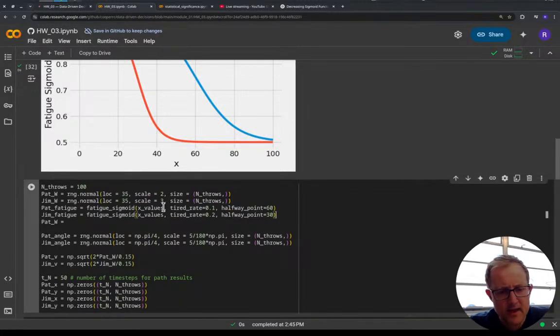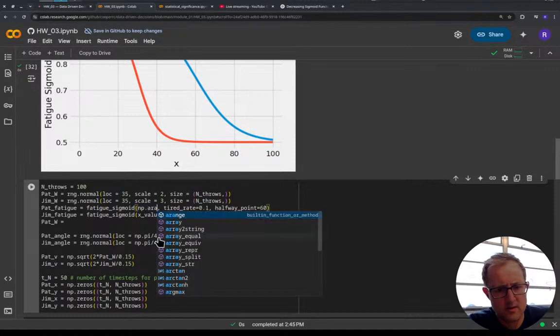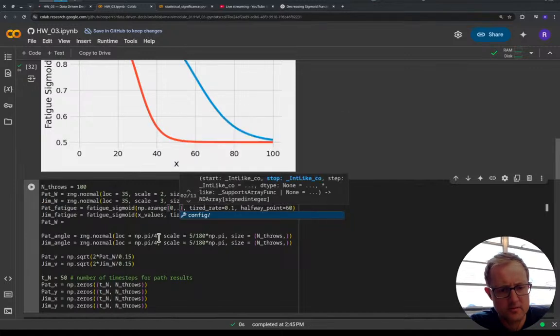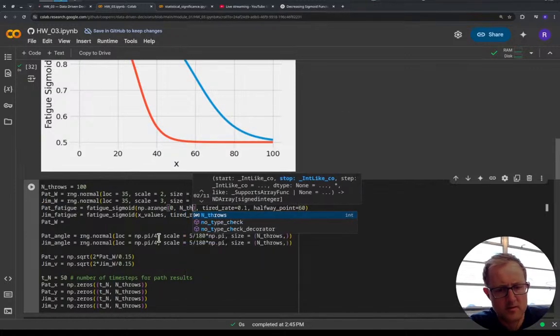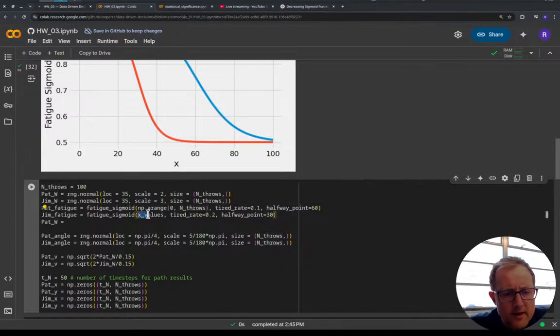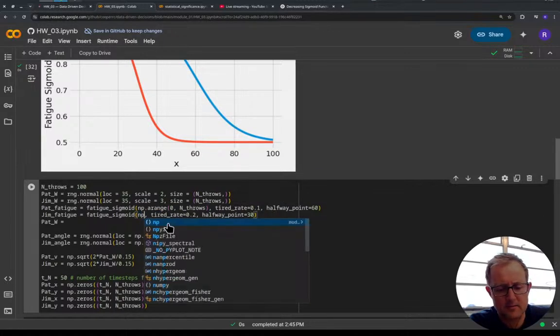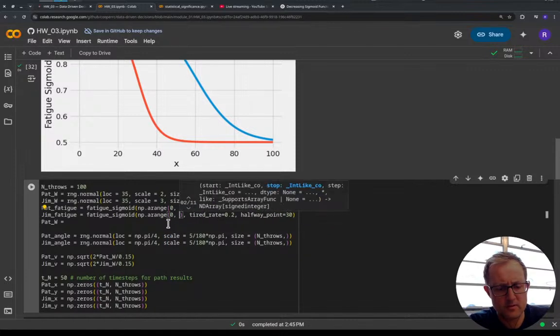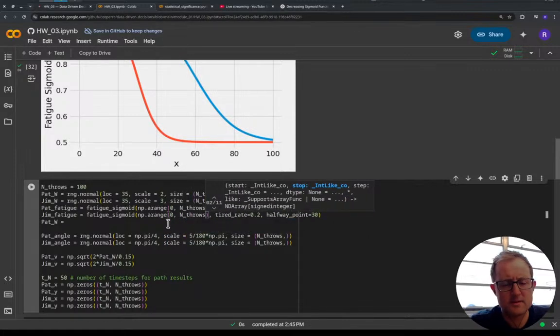And instead of X values, this is going to be an arange from 0 to N throws. And instead of X values here, this one's going to be np.arange of 0 to N throws.